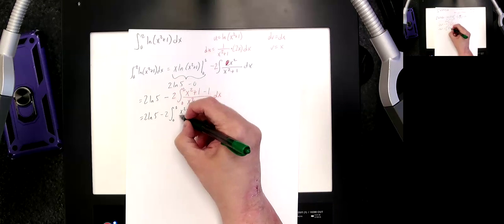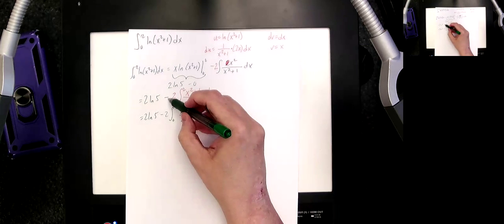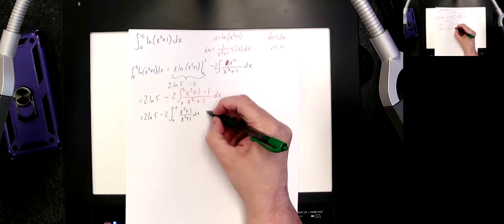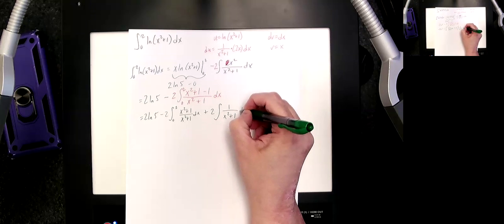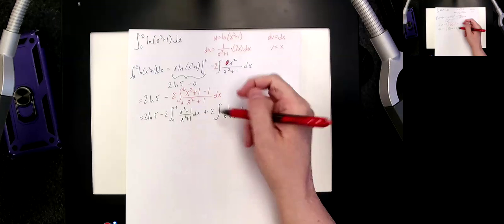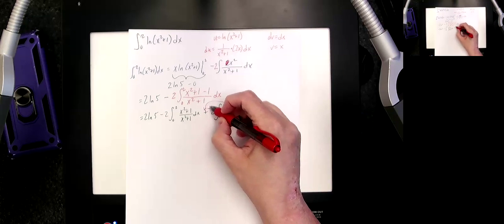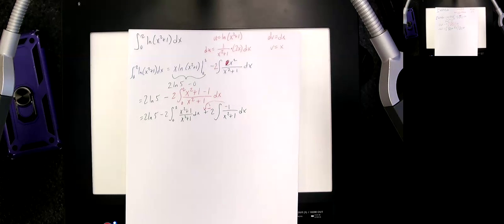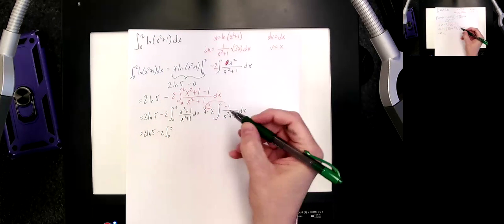X squared plus 1 over x squared plus 1 dx. And then I'm gonna distribute the -2 to this -1. We've got +2 over 1 over x squared plus 1 dx. This was a minus out here and a minus here, but the two minuses make this plus right here. That's just dx now.